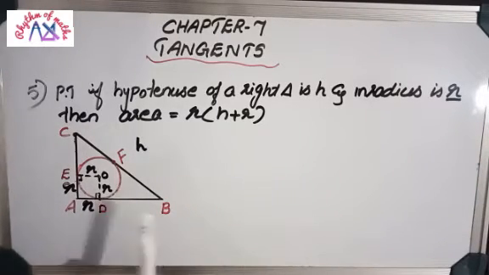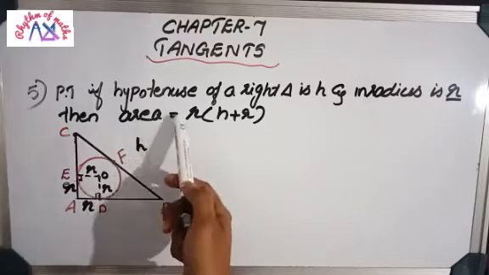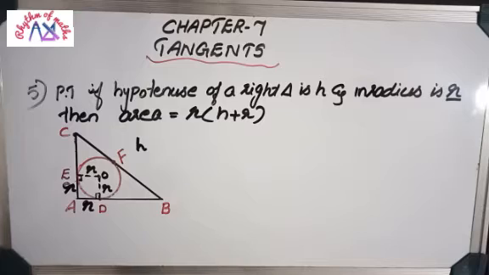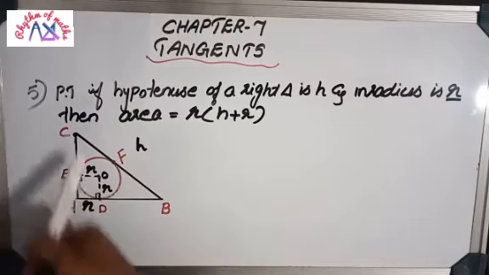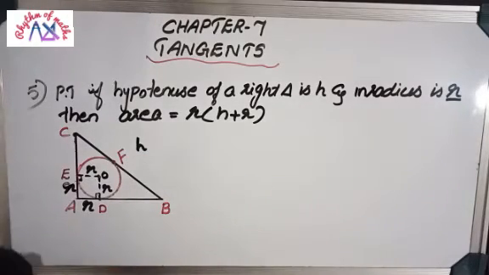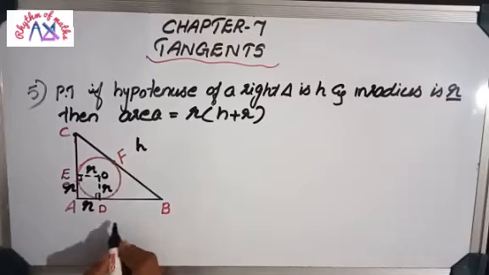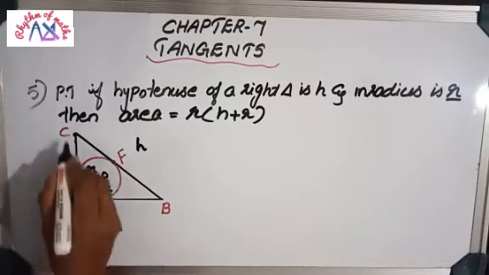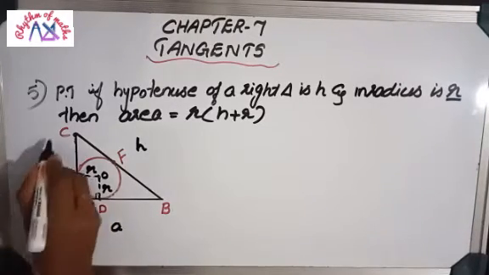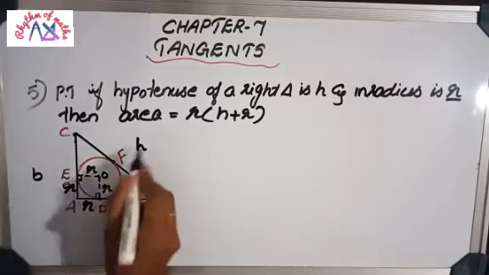Now here base and altitude are not given. In order to find the area we need base and altitude. The area equation is half bh. So here base is not given, height also not given. So let's consider the complete base as a and altitude as b, and the hypotenuse h.